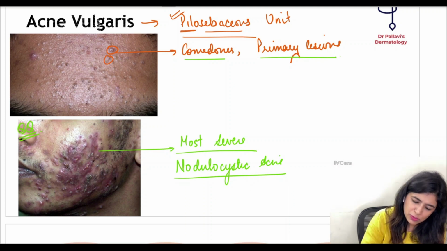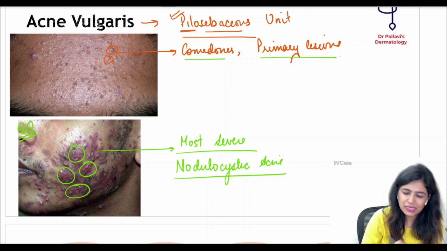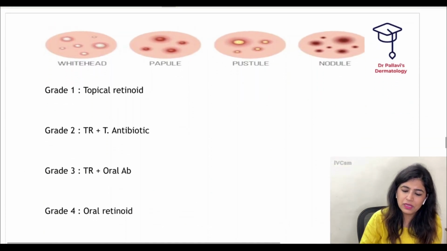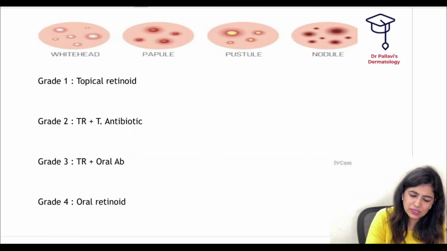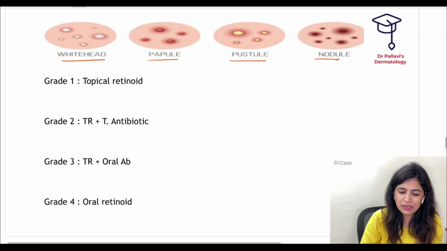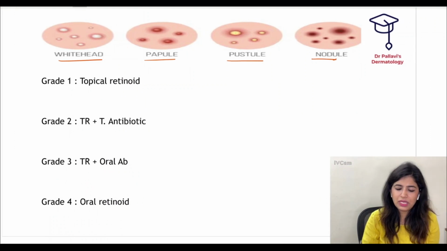When you see this as an image-based question, see these big nodulocystic lesions. These are what you see in a very severe patient of acne. When we talk about the treatment of acne, we divide it into 4 stages. The first stage, that is comedone, then papule, pustule, and the nodulocystic phase. And the treatment is also decided by the severity of the disease.